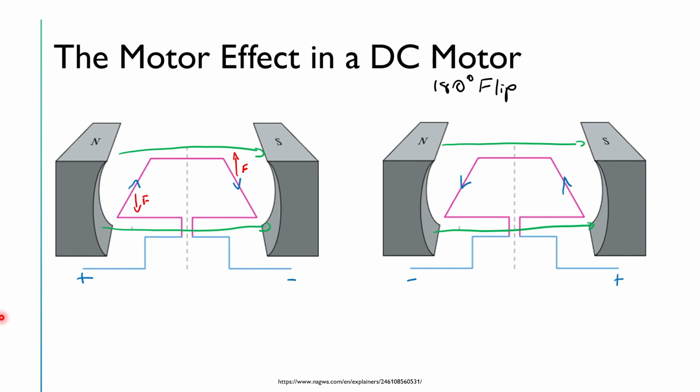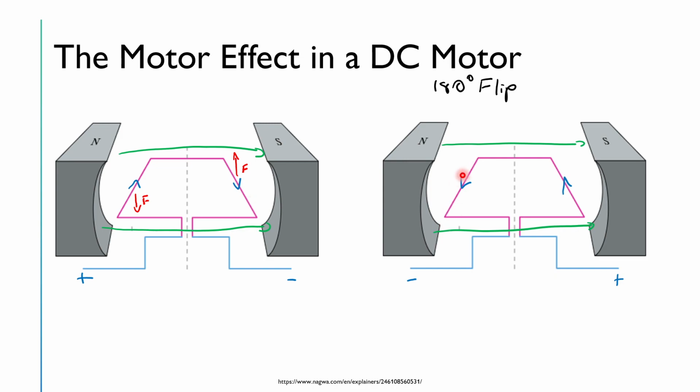So what I'm trying to show here in the second diagram is a 180-degree flip. So let's assume here that our coil has rotated in an anti-clockwise direction and it's gone for a full 180-degree turn. What that would mean is that our length of wire that is on the left in the first diagram ends up on the right-hand side, and the one that's on the right-hand side ends up on the left.